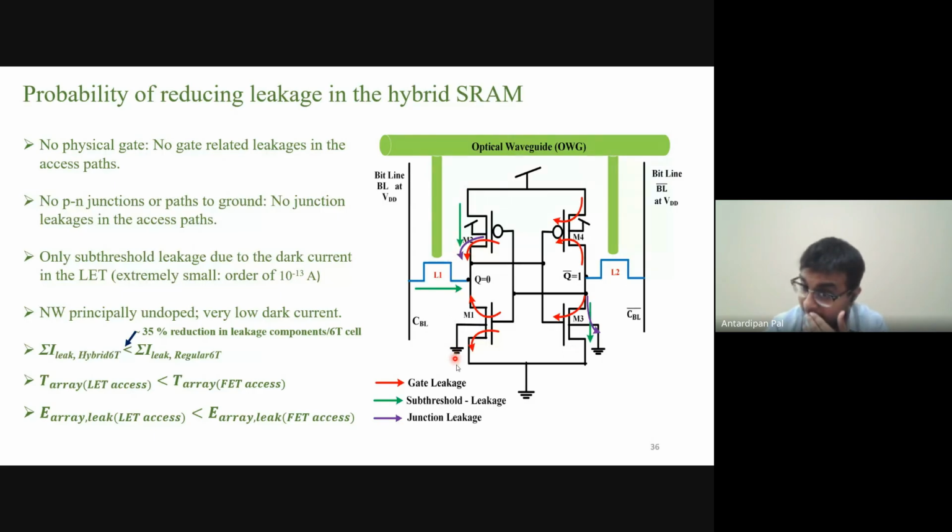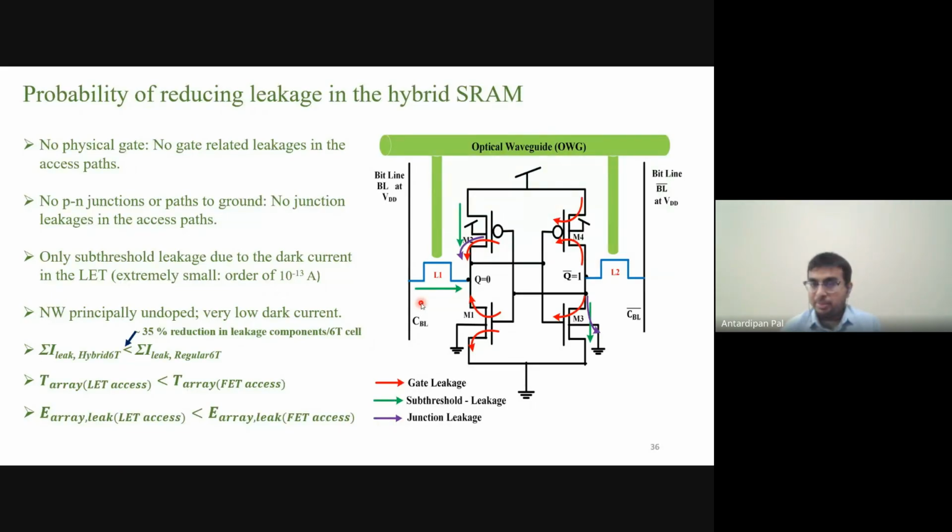These things will be there because we have not touched the core FETs. We cannot do anything about it. However, since we have replaced only these two, all the leakage components in the access transistors only will be gone. Only the subthreshold leakage will be there.